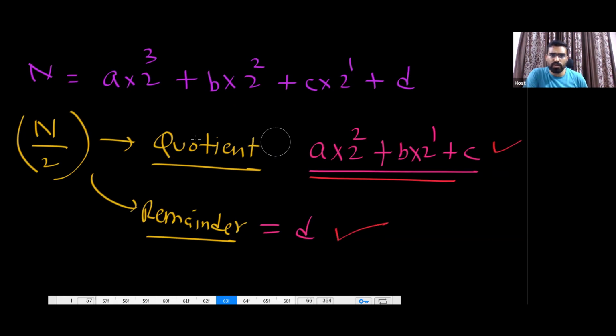Let's call it q1, the first quotient, and this is your first remainder, so let's call it r0. Or maybe r1, you don't have to worry.